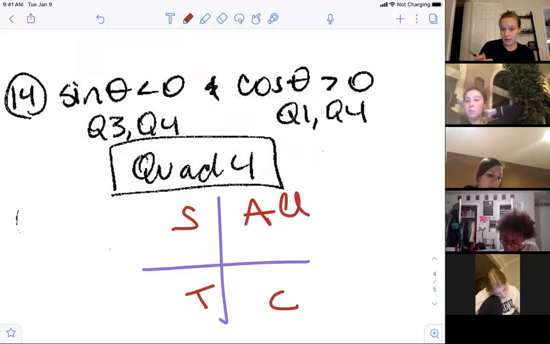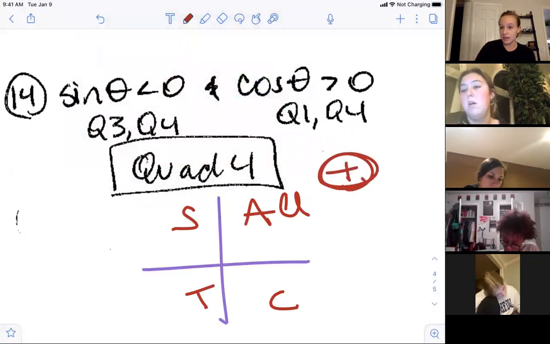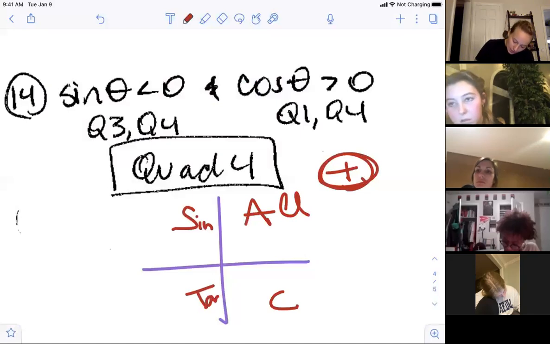So all of them are positive there. Nothing is negative, it's all positive. S means only sine is positive. T means only tangent is positive, and then all the other ones are negative. And then C means just cosine is positive.